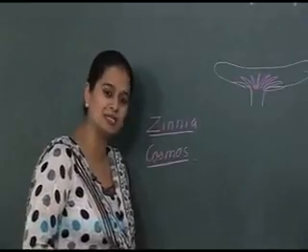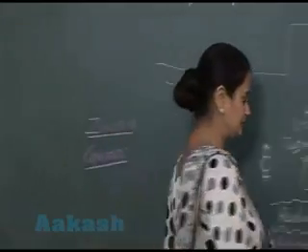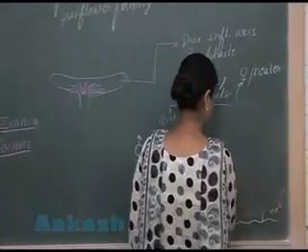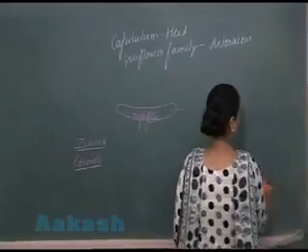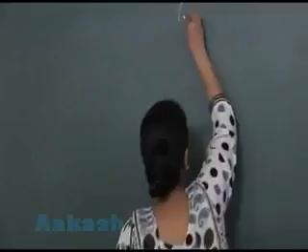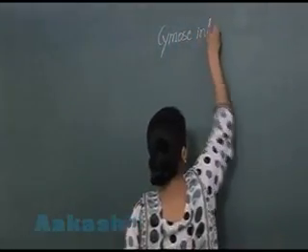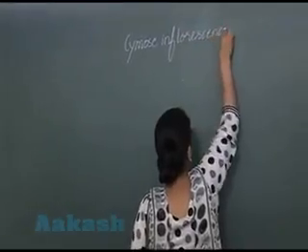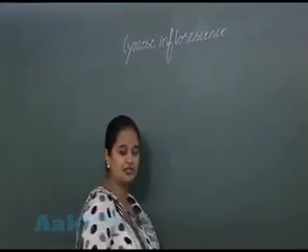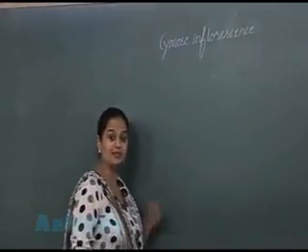Now I will be starting with the next category, that is the cymose one. So now let's start with the cymose inflorescence. Now the features of the cymose inflorescence we have already discussed in the last class.